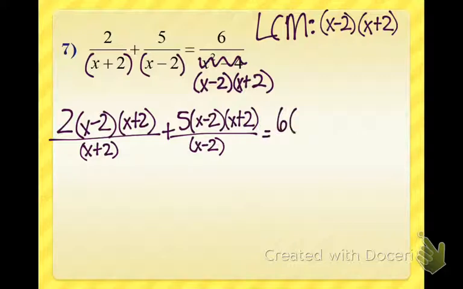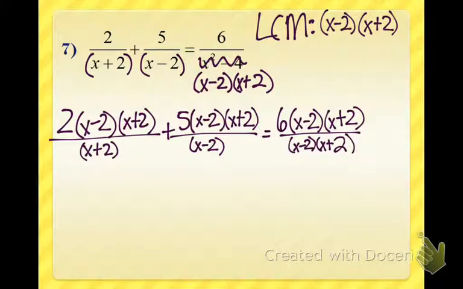Equals 6 gets multiplied to x minus 2, x plus 2, with its same original factored denominator. So we multiplied each part of the equation by that least common multiple, or what would be our least common denominator.